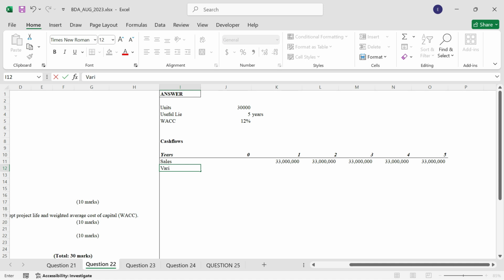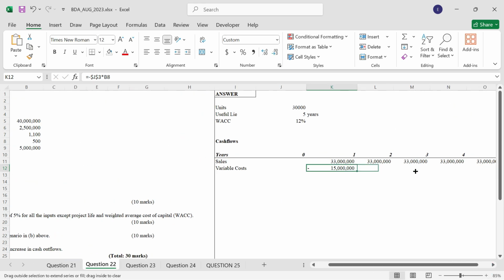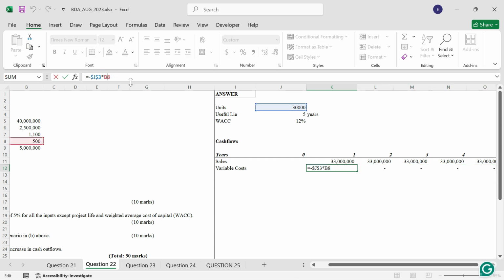I had variable costs, which was minus 30,000, which I lock, multiplied by the variable cost per unit. I should lock the variable cost per unit too.